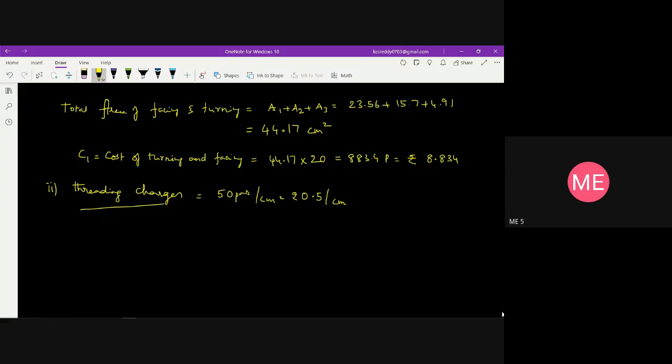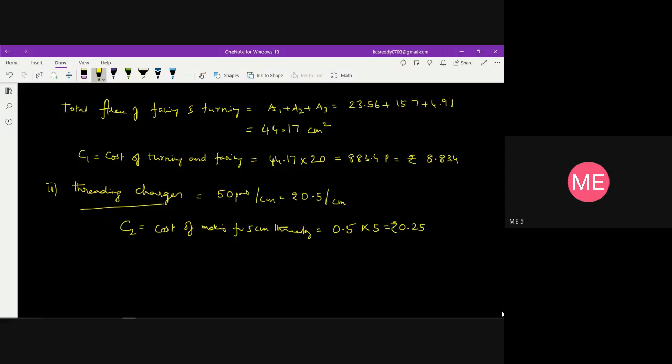As we said, the threading length is 50 mm, or 5 centimeters. So the cost of making threading for 5 centimeters threading is 0.5 into 5, so I'll be getting 2.5.